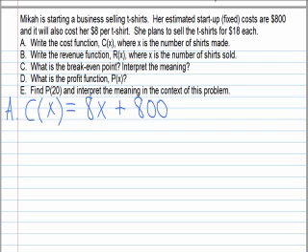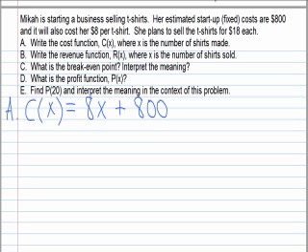Now we could talk about the slope and the y-intercept here. Slope is 8. What is changing? The cost per shirt is $8. So her additional cost for every shirt she makes is 8. So her costs are going up, increasing. This is a positive slope. It's an increasing amount per shirt.